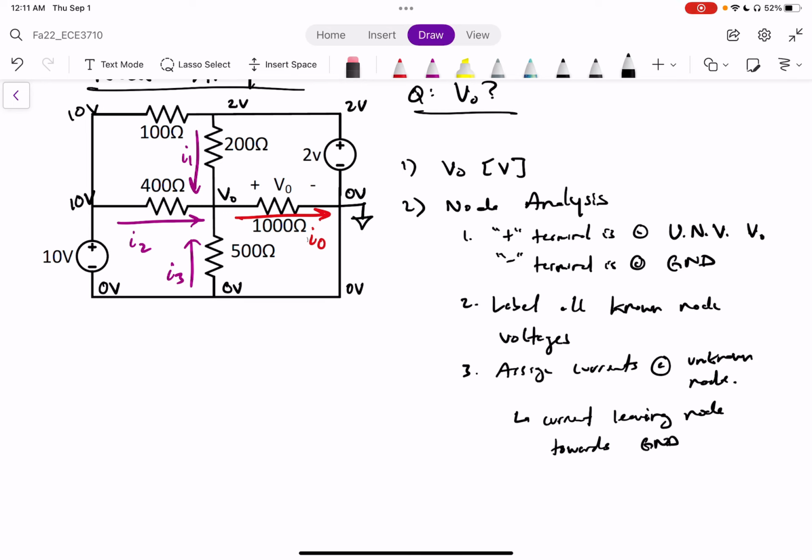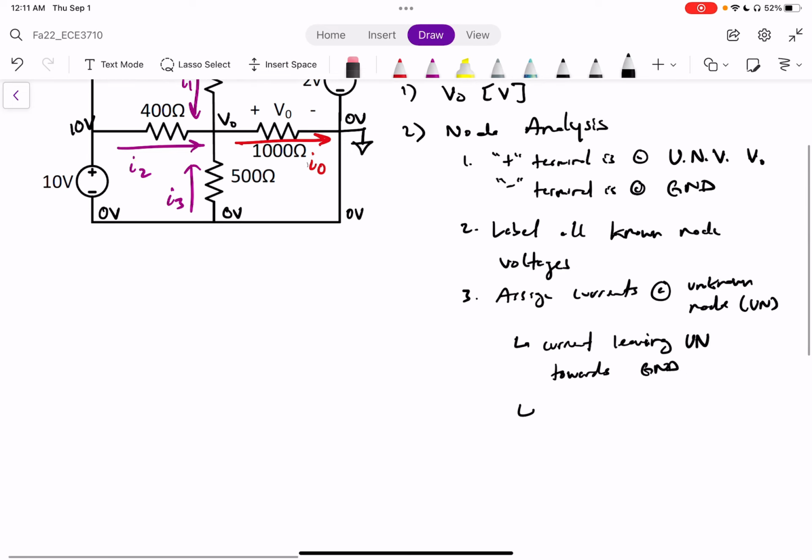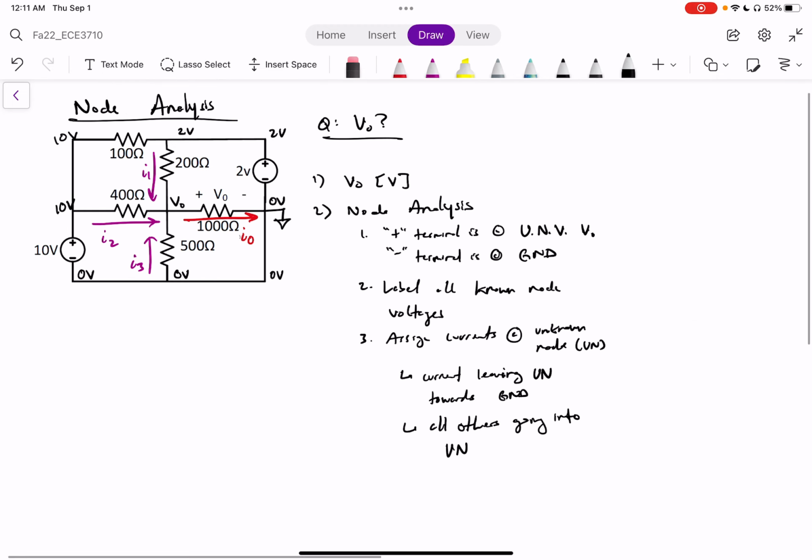When I say node, I'm talking about the unknown node. Okay, so current leaving, let's just start creating acronyms. UN, unknown node. So current leaving UN towards ground, that's one of them. All others going into the unknown node. Okay, that's what's going on.